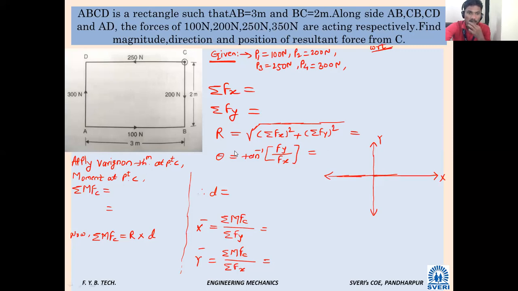Resultant, direction, theta, X bar, Y bar? Somnath Pawar. Pandurang, at what point you are? Resultant, sir.